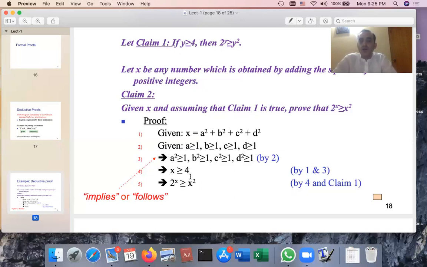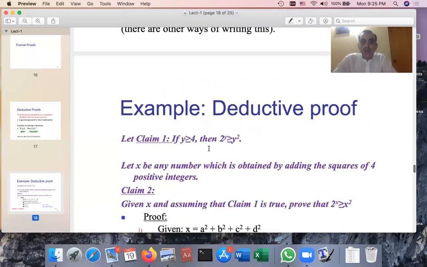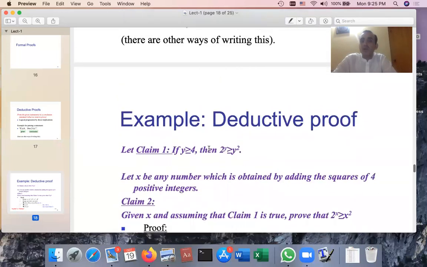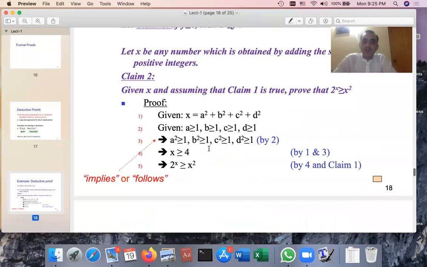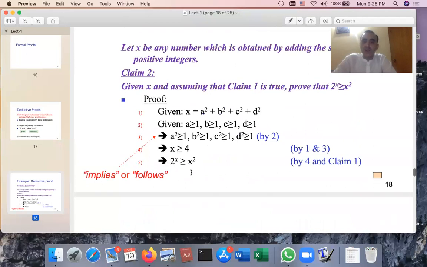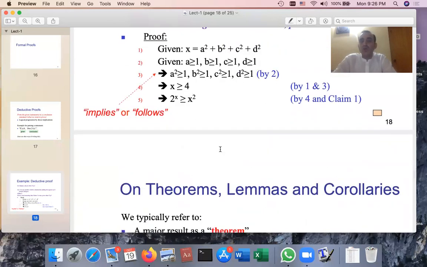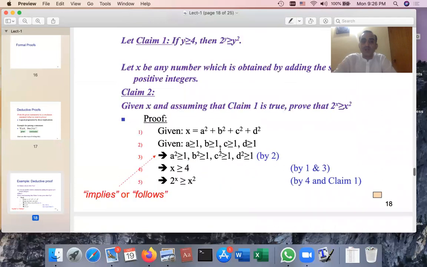So in this way, these are the mathematical steps, and by using these steps in progression, you can deduce a proof for a given statement and reach your conclusive statement. This is my conclusive statement, and this is my given statement. So in this way you can do these deductive proofs.